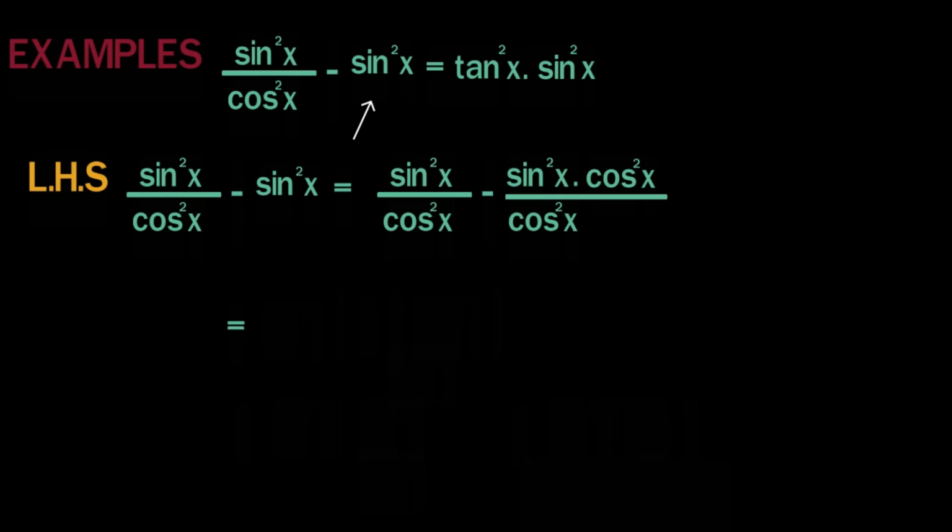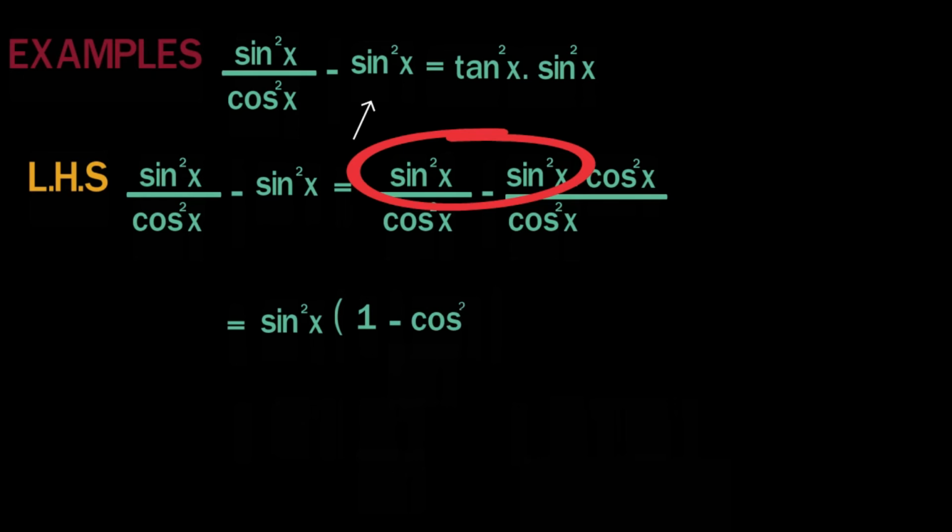Then with sine square x minus sine square x, we can take the sine square x out, and we get 1 minus cos square x, with cos square x at the denominator.